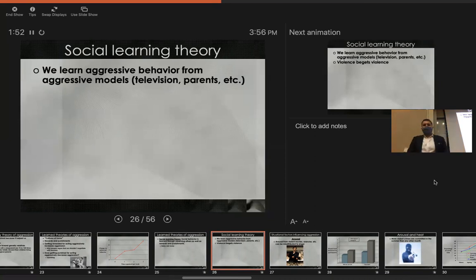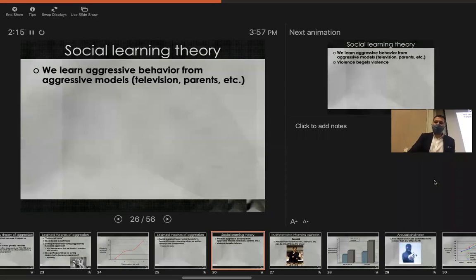Okay. So what social learning theory means is that we can learn aggression from other people. As I mentioned, we can learn from our parents in particular. If we see our parents behaving aggressively, like parents who spank their children, the child getting spanked can learn that that adult is getting what they want by using aggression. So the child learns that they can use aggression to get what they want later on.